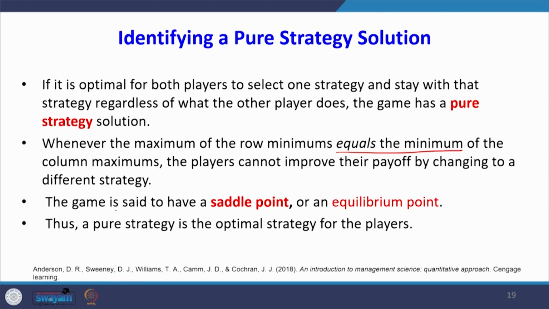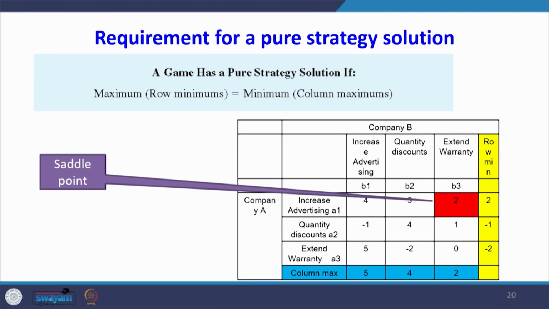Then the game is said to have a saddle point or equilibrium point. So, a pure strategy is the optimal strategy for the players, because the value of maximin and minimax is the same. Yes, this location is called a saddle point or equilibrium point. Why? Because the value of maximin equals minimax.